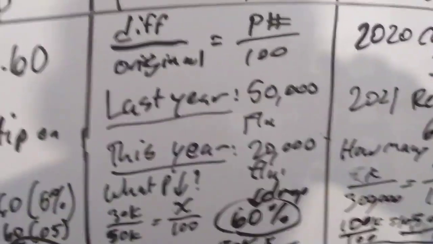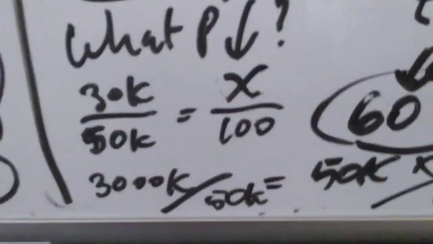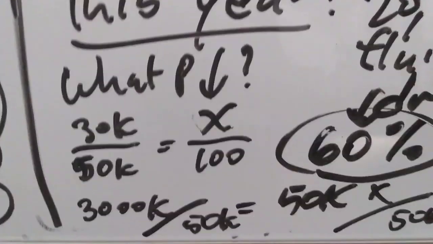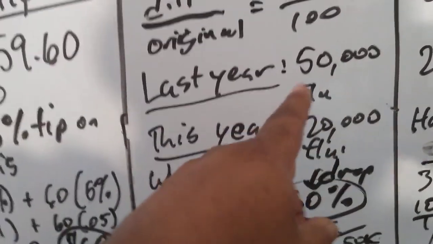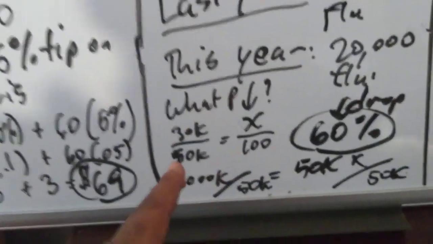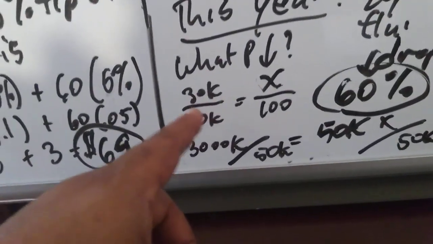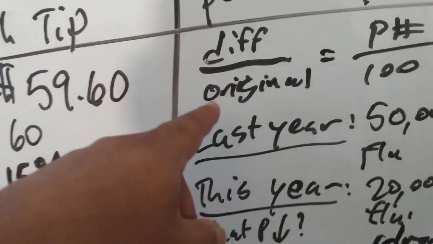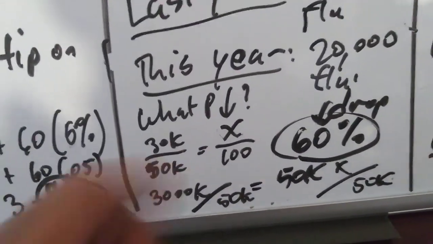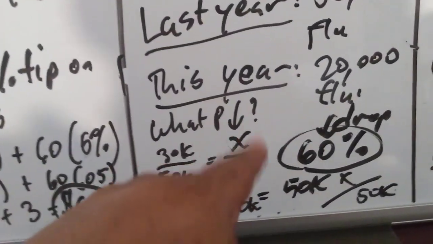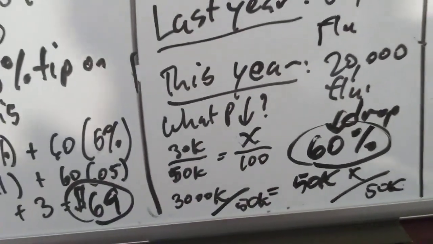Well, you have to do the difference. 50 minus 20 is 30, so 30,000 is the difference. That's how the formula reads, the difference over the original. The original, what it used to be, is 50,000, or 50K. We're trying to find a percent, so it's going to be x over 100 on the right side.